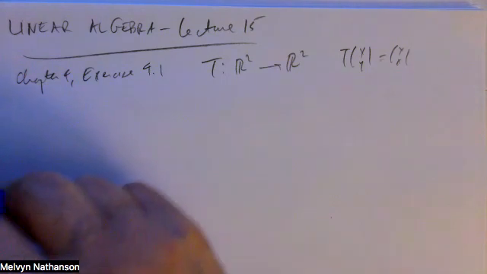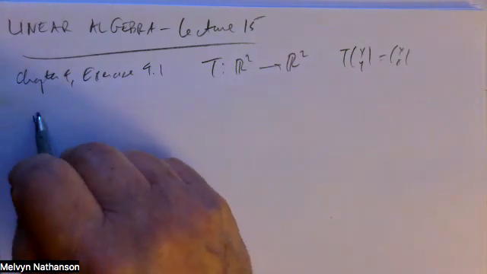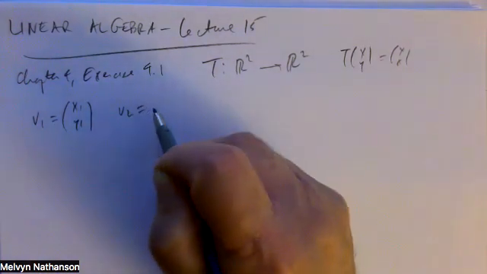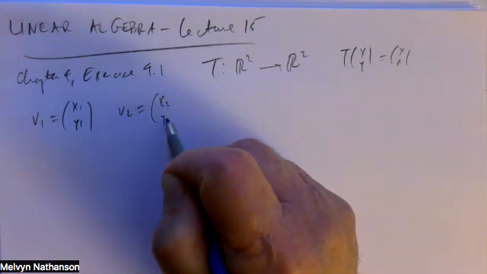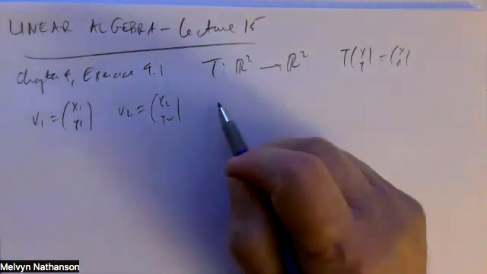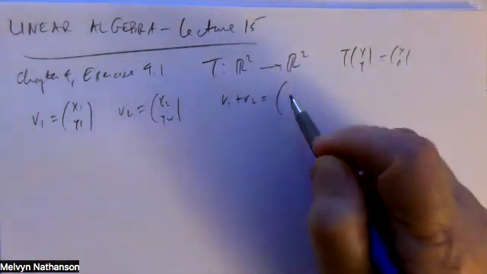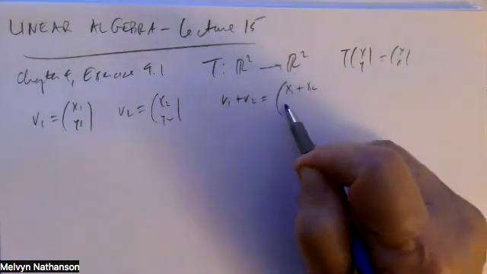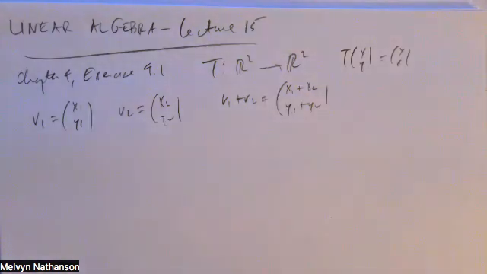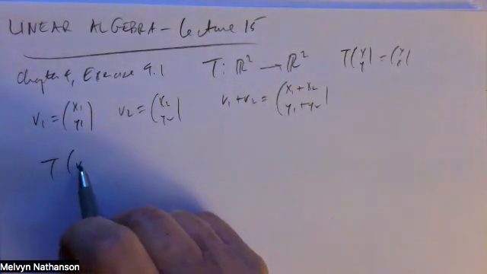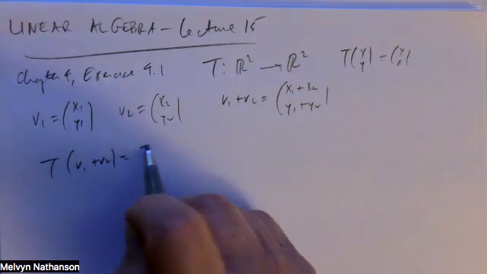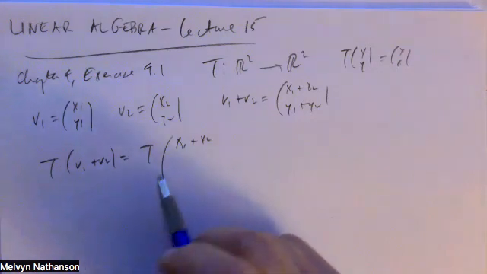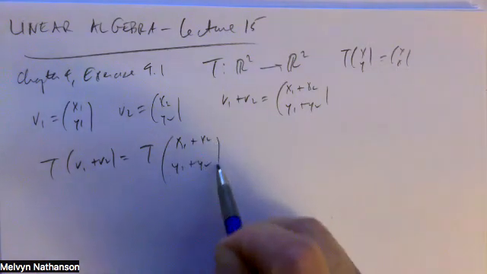So let's see. Suppose we have, say, v1 is the vector (x1, y1), and v2 is the vector (x2, y2). So v1 plus v2 is the vector (x1 plus x2, y1 plus y2). So T of v1 plus v2, that's T applied to the vector (x1 plus x2, y1 plus y2).